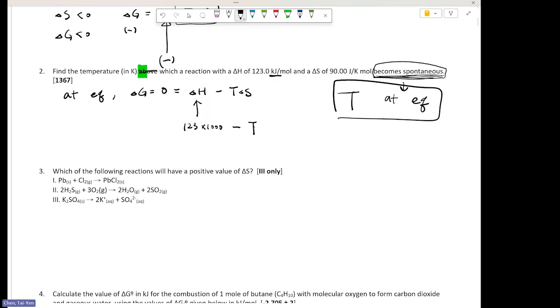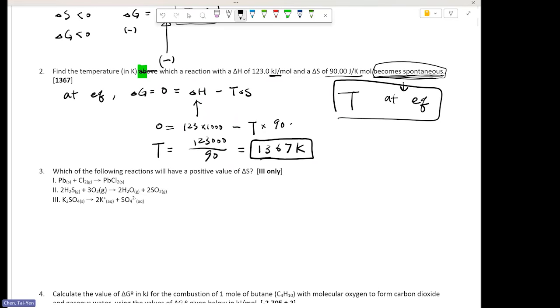Minus the temperature, which is what we are looking for, times delta S, which is 90 joule per K. When you add up this whole thing, it needs to equal 0. So T is simply 123,000 divided by 90, which gives you a temperature of 1,367 K.